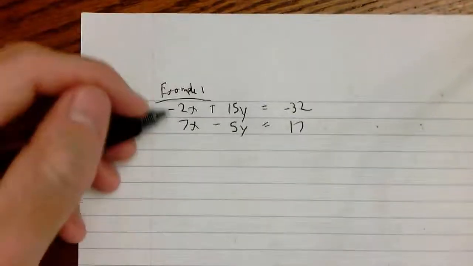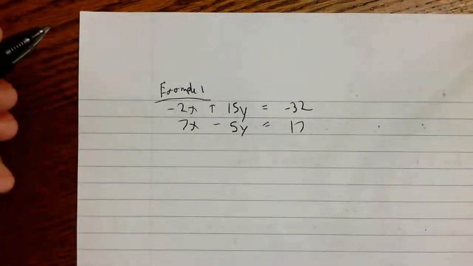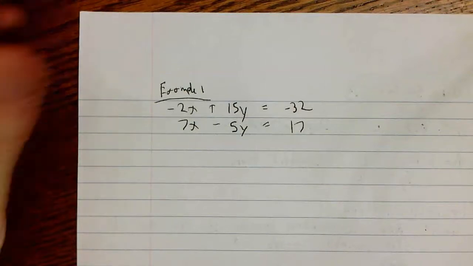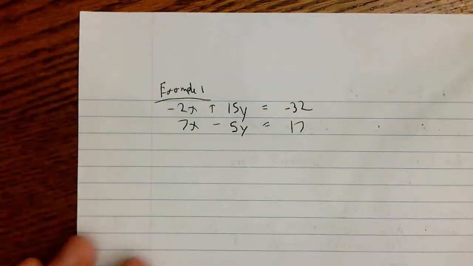Notice that I like to stack my 2 equations on top of each other so everything lines up, as opposed to the substitution method where I wrote them side by side.